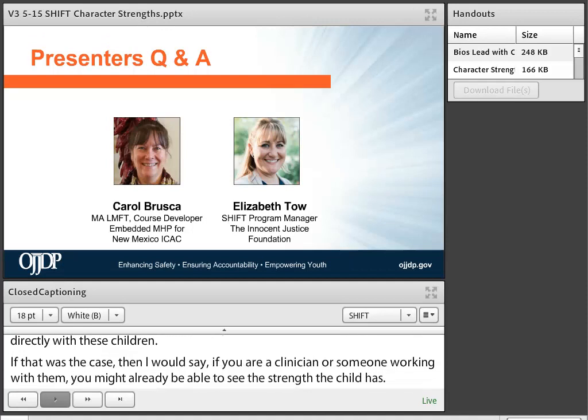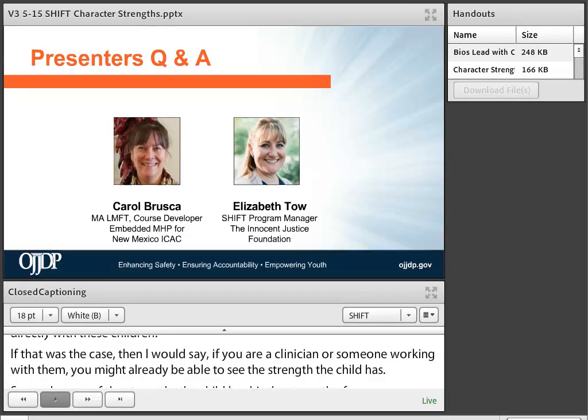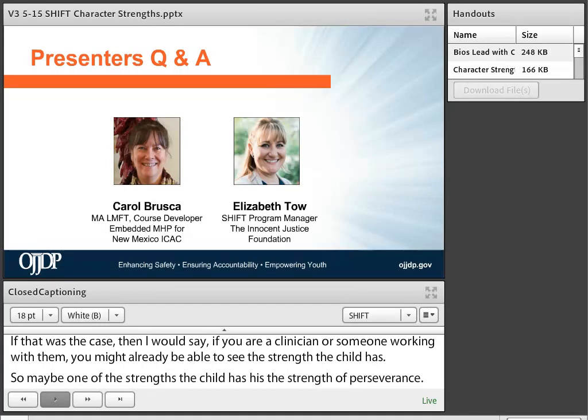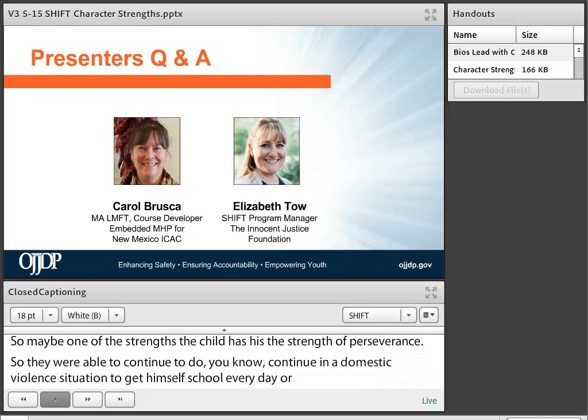They were able to continue, in a domestic violence situation, to get themselves to school every day, or to make sure they bathed every day, or whatever it is that you see that they were able to do. Recognize that strength and then encourage them to build on that strength, and then teach them how they can use that skill, that strength that they have already, throughout their life.